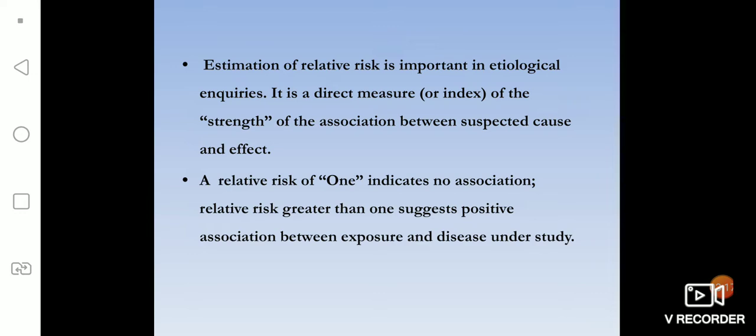Now this estimation of relative risk is important mainly in etiological inquiries, because it is a direct measure of strength of association between the suspected cause and disease. Now let us see the interpretation of relative risk. If the relative risk is 1, it indicates there is no association between the suspected cause and effect. Whereas if it is greater than 1, it suggests there is a positive association between the exposure and disease under study.